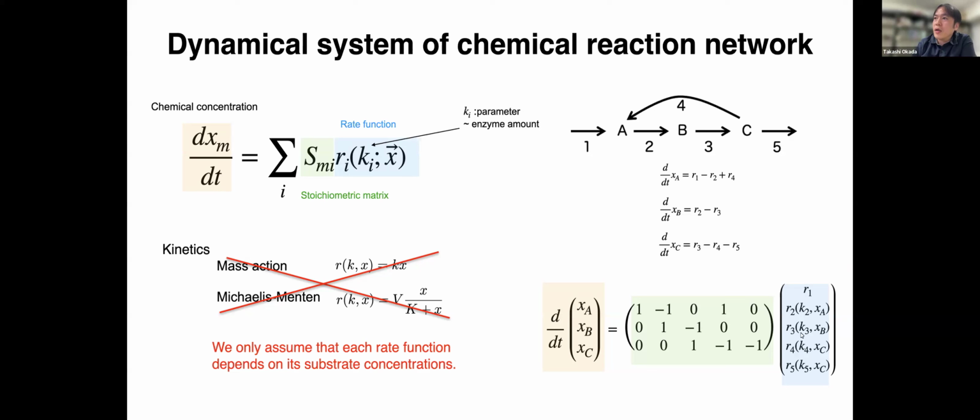For example, here I included xA in the argument of reaction 2, because A is the substrate of reaction 2. So the rate of reaction 2 should depend on the concentration of chemical A. With this very general setting, let's discuss steady state properties.